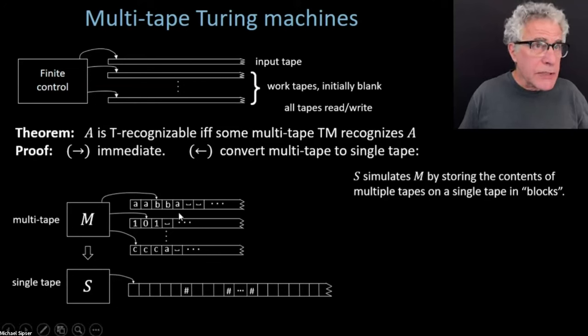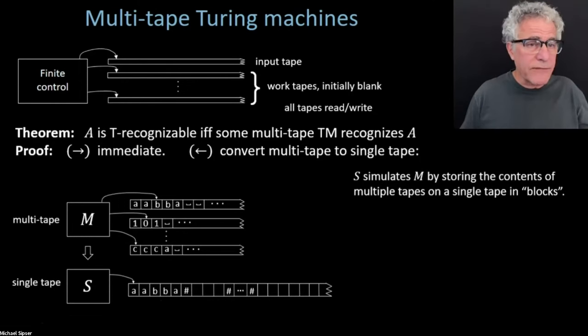For example, the first tape has AABBA. Well, that's going to appear in that first block on the single tape Turing machine. Sort of seeing it float down to suggest that it's coming from the multi-tape Turing machine, but that's really been developed by the simulation that the single tape Turing machine has.